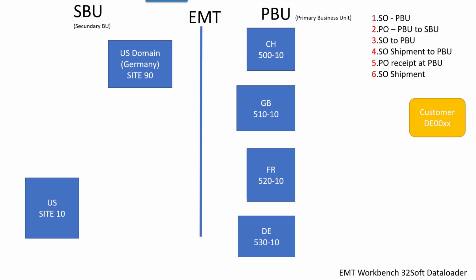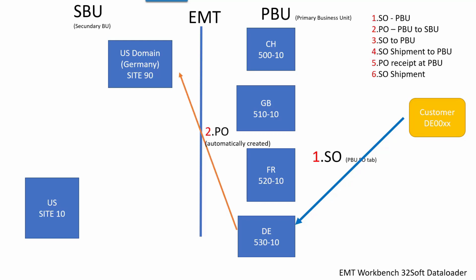Here's a simplified EDI flow in which we demonstrate 4 domains in Europe and a secondary business unit in the US. So the process would be that the customer is going to order, in this case from Germany. Germany is then going to create a sales order for that against the customer purchase order. They are going to then create a purchase order, which is automatically created to the US domain.